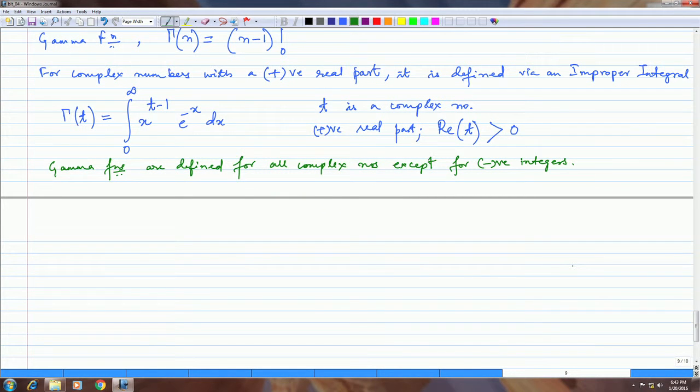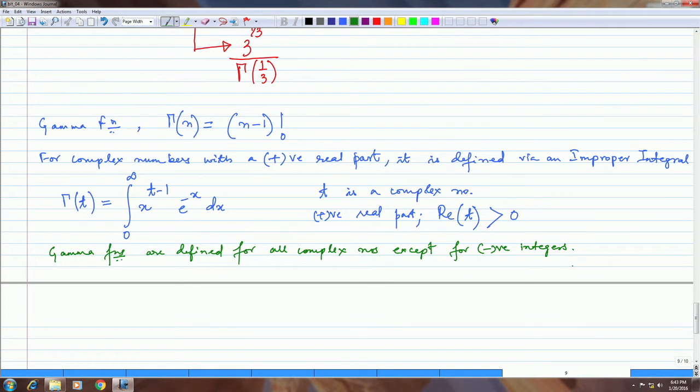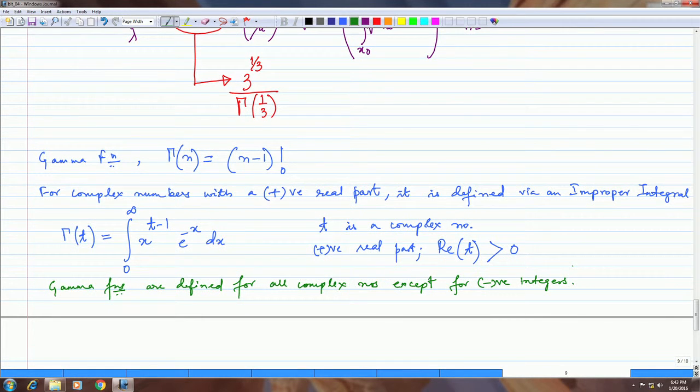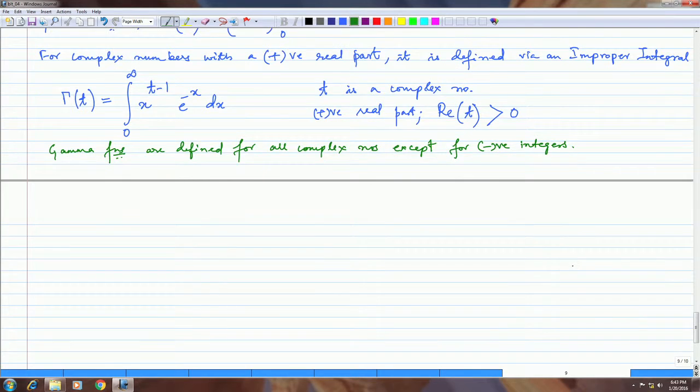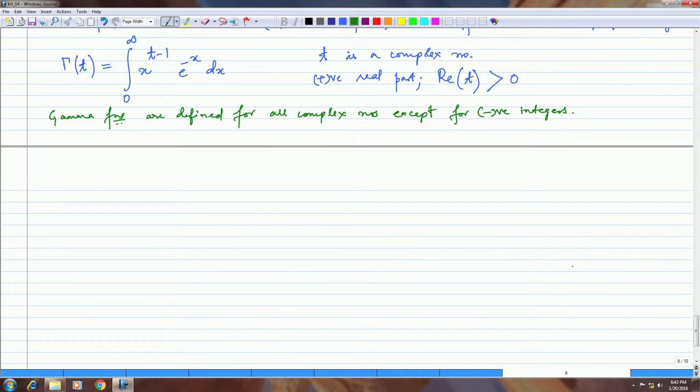So gamma 1 by 3, as you can see, is a positive number. This converges absolutely to what is called the Euler integral of the second kind.